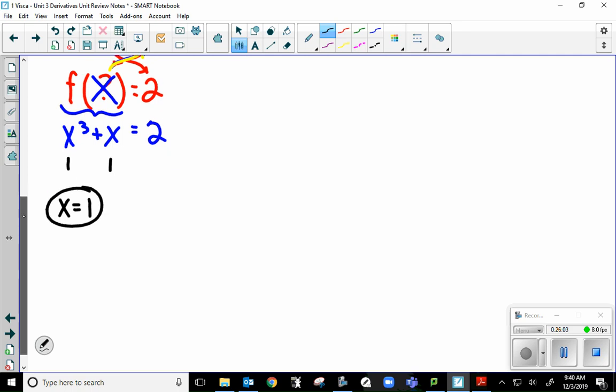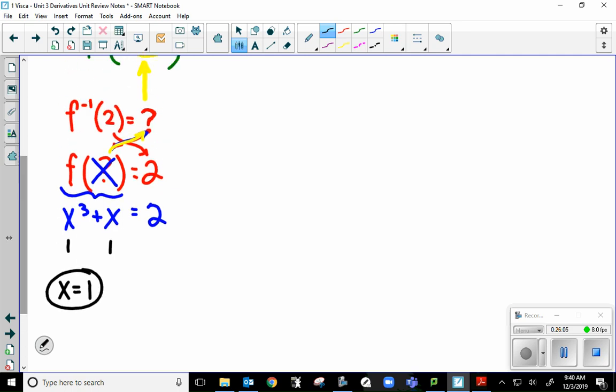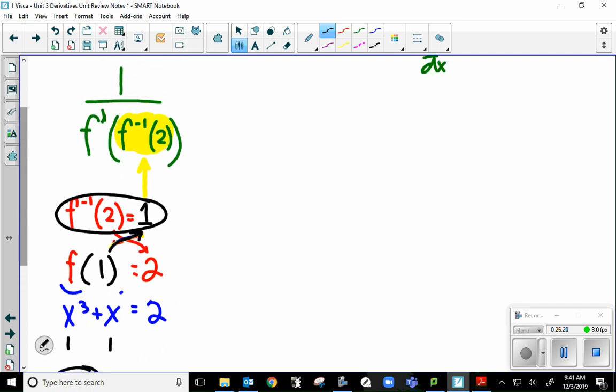Therefore, if this x right here has to be 1, then guess what? This value here has to be 1 as well. So the inverse of f at 2 is 1, which means this whole value is 1 over f prime of 1.